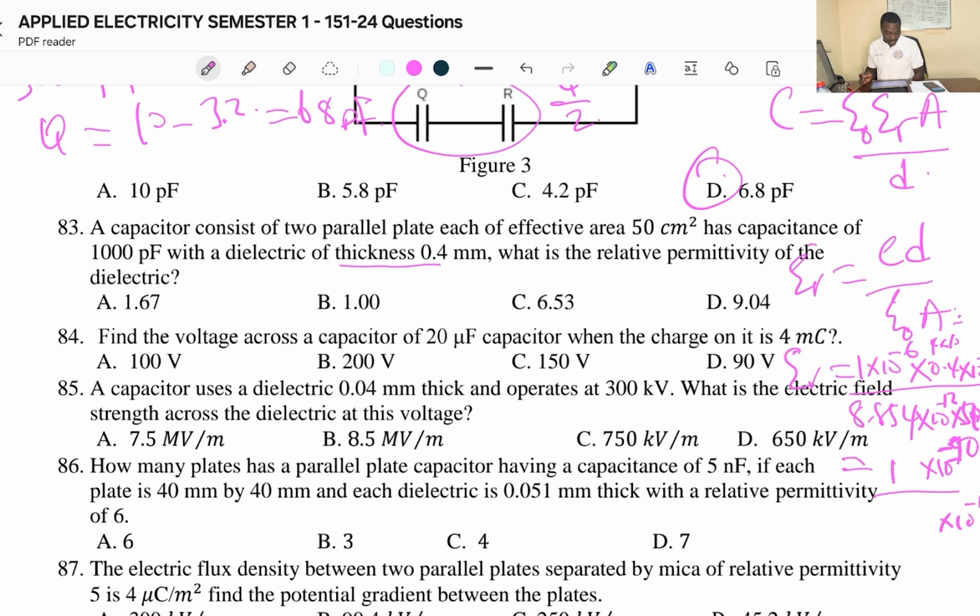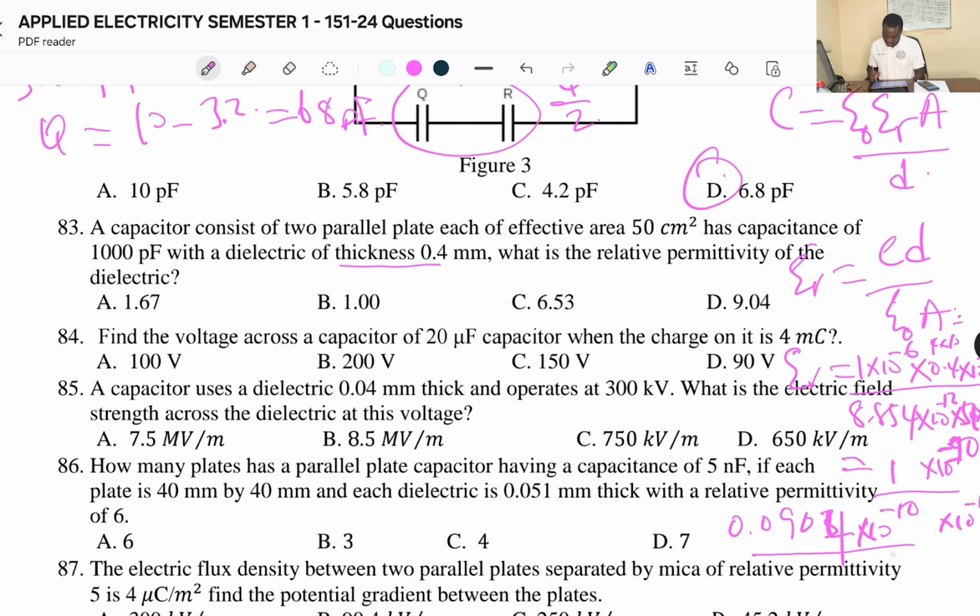Then we have 4, right? So the whole of this times 4. That is 0.9, so 0.0903. Or I can say 0.4, that's 10 to the power minus 10, right?